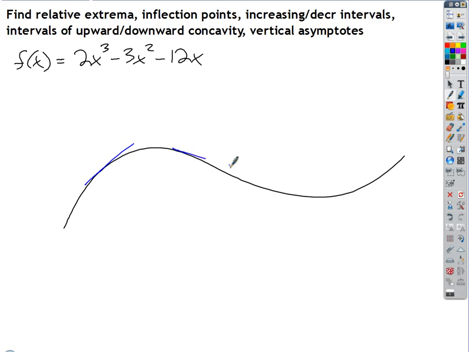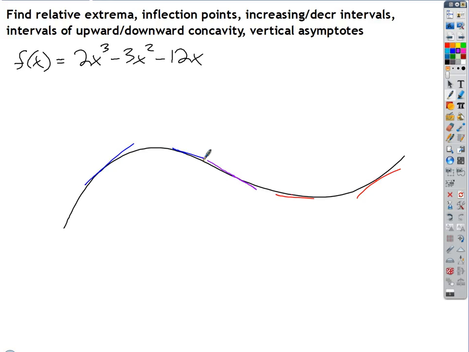How about right here? Upward. Right there, upward. How about right about there? Transition. Inflection point, because if I draw the tangent line, look what happens. Half is above and half is below. It's the point where it transitions from being below to on top of the tangent line.